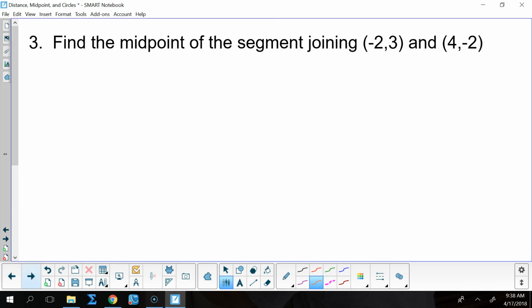So if I said find the midpoint of the segment joining those two, I would say, well, that's -2 plus 4 divided by 2. I take my x values, add them together, that's 3 plus negative 2 divided by 2.